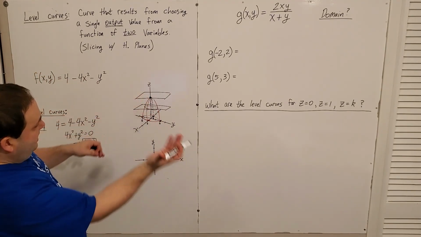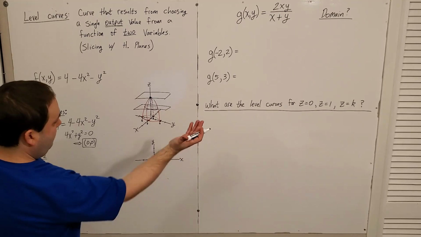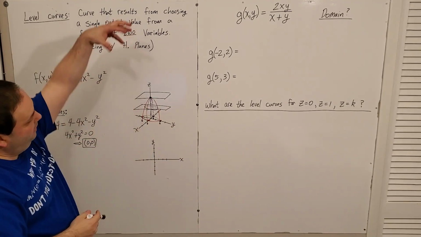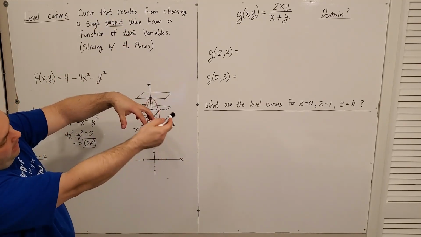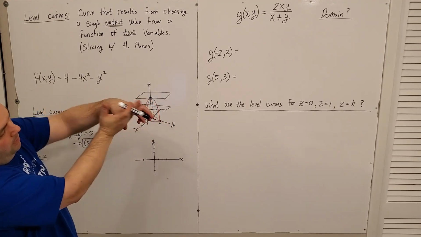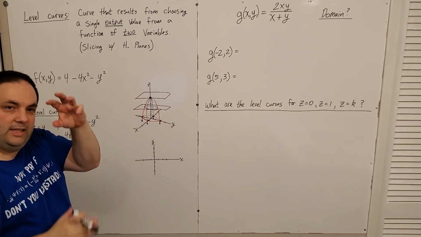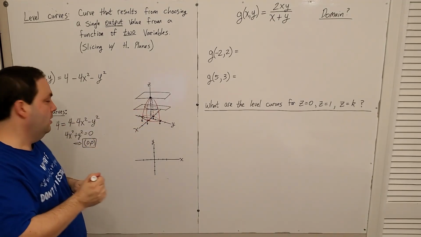I would get the ellipse that it sliced through the cup there, or the bowl, whatever you want to call it. It would slice right through the middle of it, and that just means you'd get the cross section at that level. I'd get that ellipse.